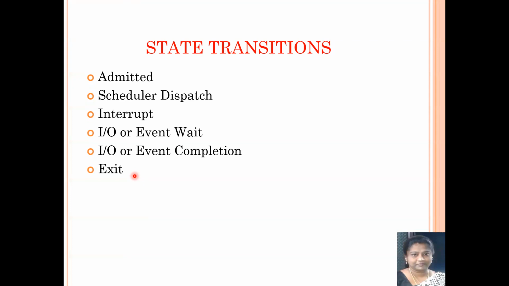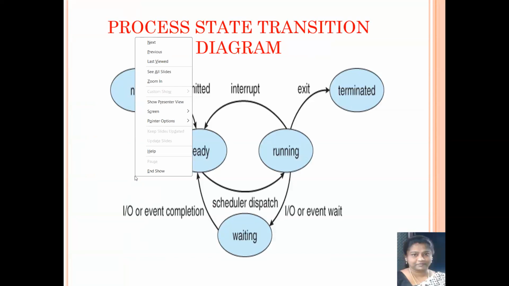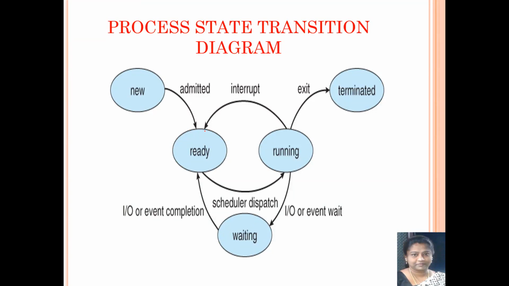Now let's discuss the various process states and state transitions with the help of a process state transition diagram, which is shown in the next slide. As we said, we have 5 states, depicted in circles: new, ready, running, waiting, and terminated.